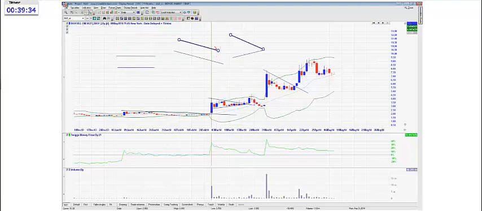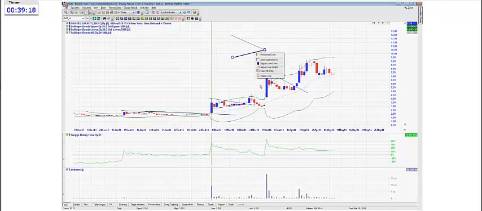We're mostly looking for the channel or the pennant. And as you can see, yes, the volume will drop off. The volume will drop off because this is a consolidation period where basically that big movement takes a break before the second move.